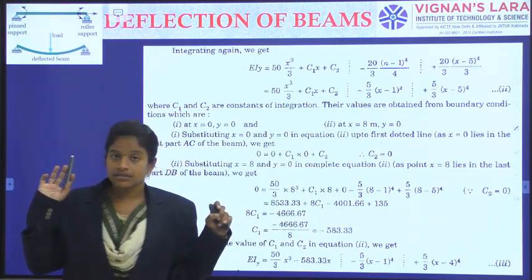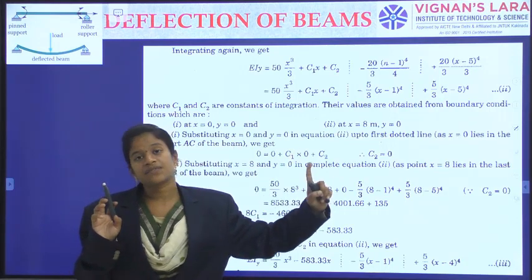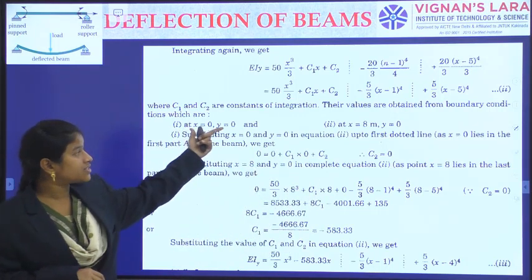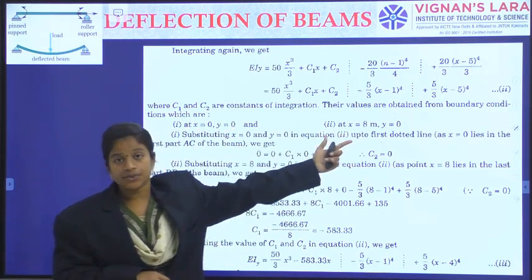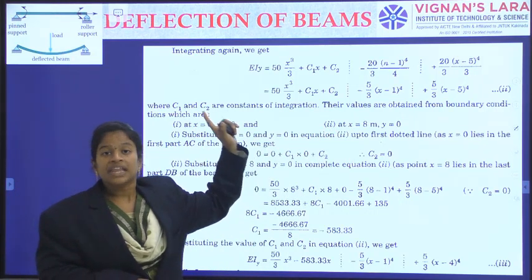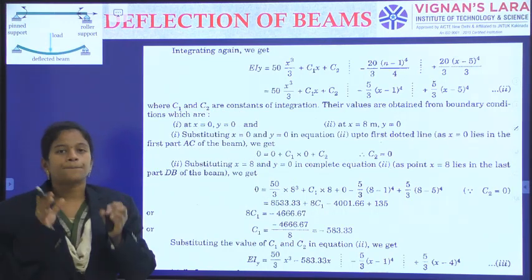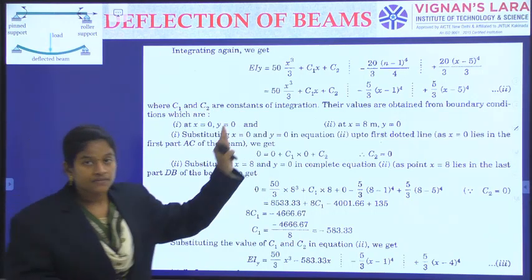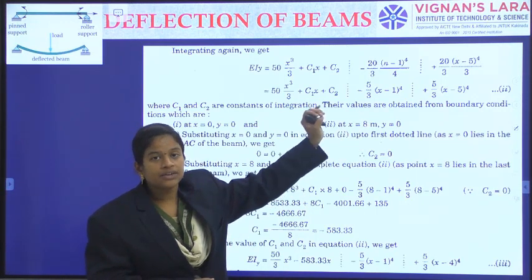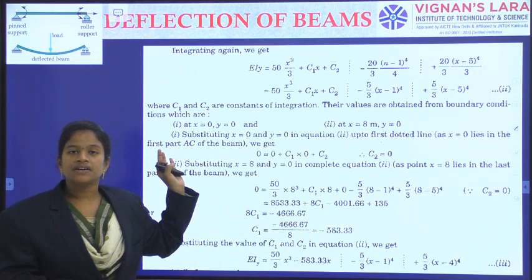At x is equal to 0, y is equal to 0, and at x is equal to 8 meters, y is equal to 0. Substituting x is equal to 0 and y is equal to 0 in the deflection equation, up to which part? Up to the first dotted line only. First dotted line and second dotted line, like that we indicate, and up to the first dotted line only I have to indicate the first boundary condition.